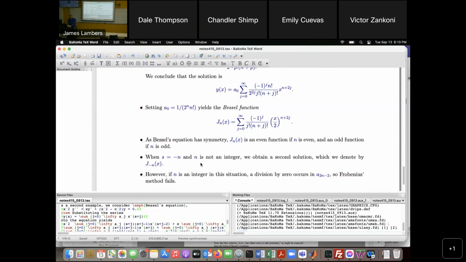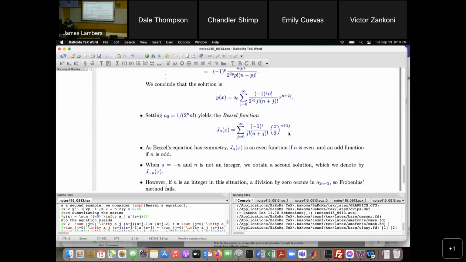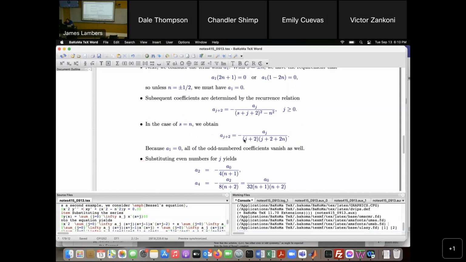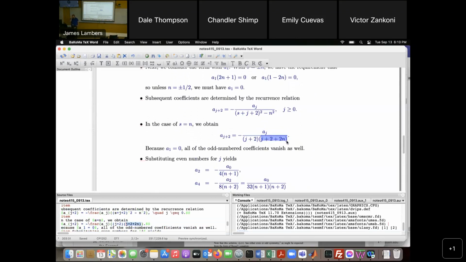A second order ODE is going to have two linearly independent solutions. It doesn't necessarily mean that Frobenius' method is going to help you find both of them. What goes wrong in the case of s equal to minus n can be seen here. Suppose I replace n here with minus n, then when j is equal to 2n minus 2, this becomes 0. So we divide by 0 and Frobenius' method breaks down.